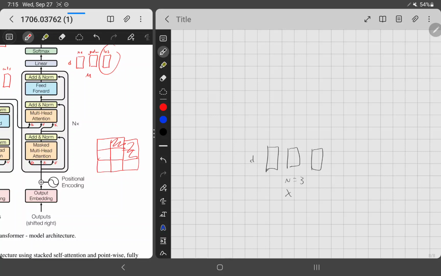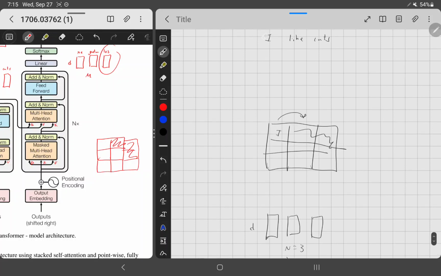You want to construct this matrix such that the words do not look ahead, because if they look ahead, then you run into issues. That's why you have this mask here, so the word I cannot look into the future. And this will give you an output.